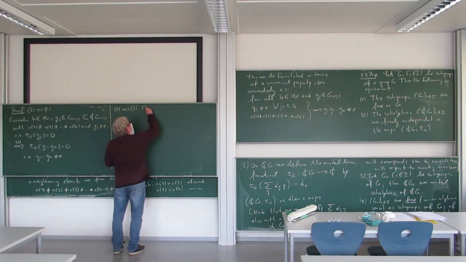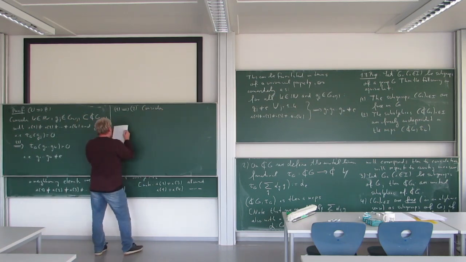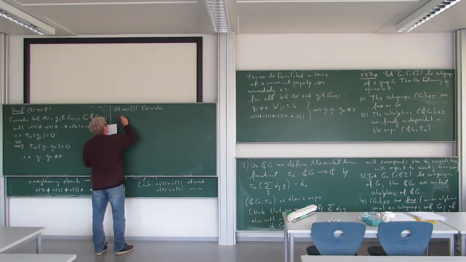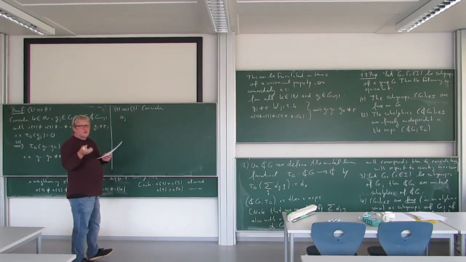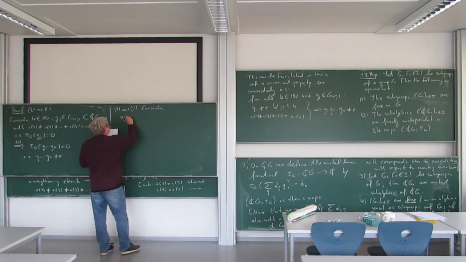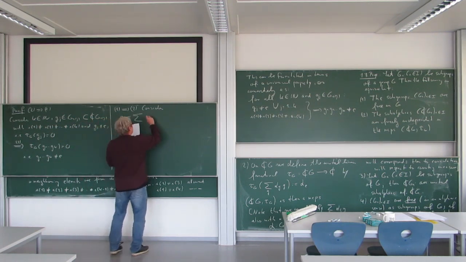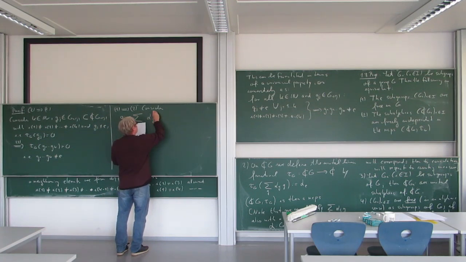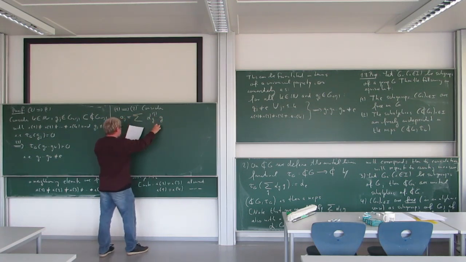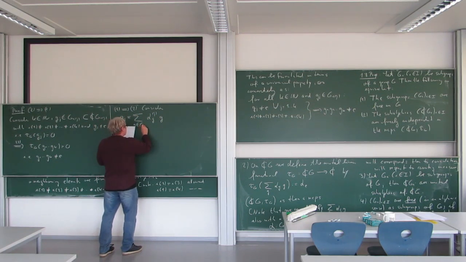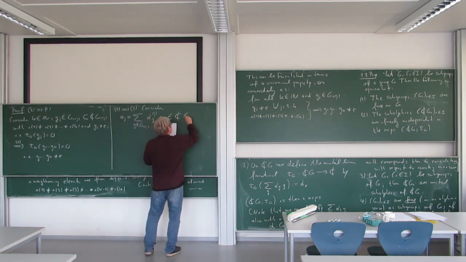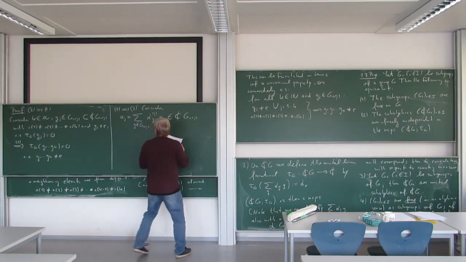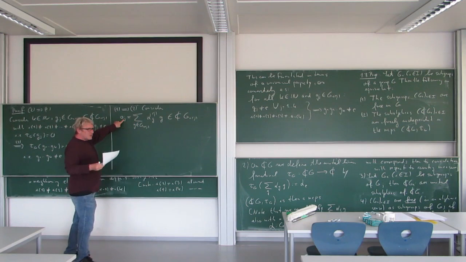So, consider the setting. To prove this free independence, we should take elements a_j, which we want to multiply, and each of them should come from one of the subalgebras. So this means it has the form of a sum of alpha_g^(j) g, but g is now from one of the subgroups, and this means I'm summing here over one of the subgroups G_{i_j}. And I take this for j between 1 and k.